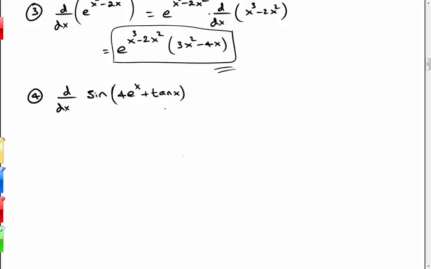My 4's look so much like s's, so let me write it this way. So d dx of sine of 4 e to the x plus tangent x.